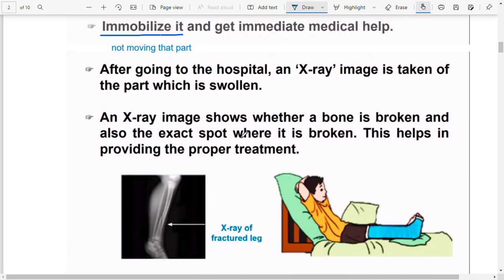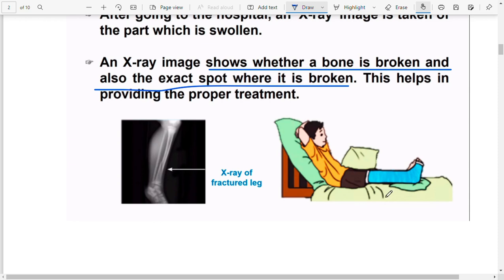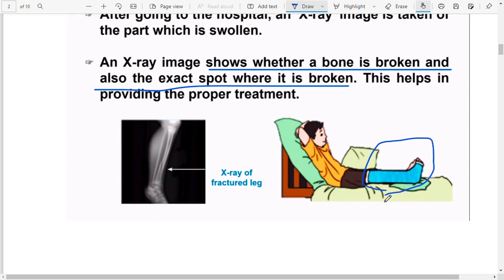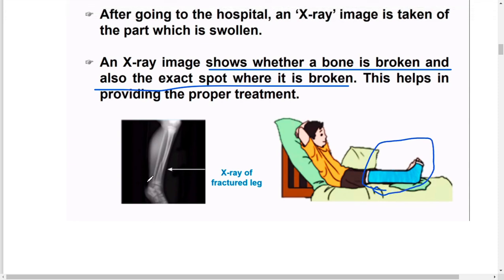The X-ray image shows whether a bone is broken and the exact spot where it is broken. This also helps to provide the proper treatment. Without a proper X-ray, the doctor will not know whether it is fractured or not. So X-rays are taken.